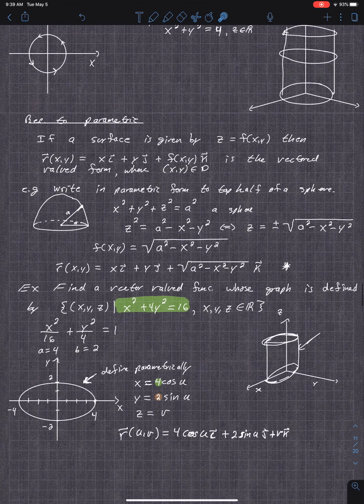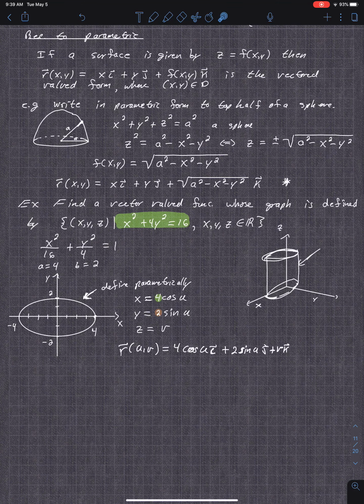Okay, let's do rectangular to parametric. So take a look at all that. Basically, all you got to say is x, y, and f of x, y. It's actually kind of nice to go back and forth, although to solve for things, sometimes you get roots and stuff. So write in parametric form the top half of a sphere.